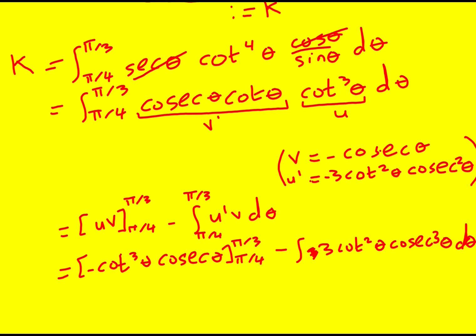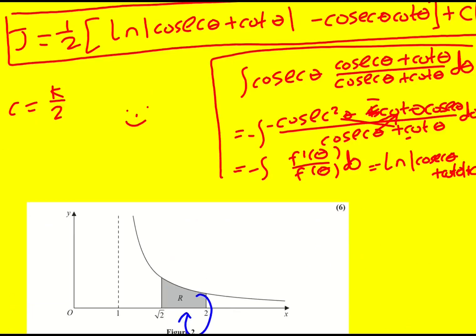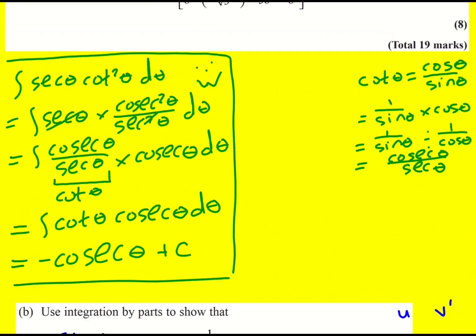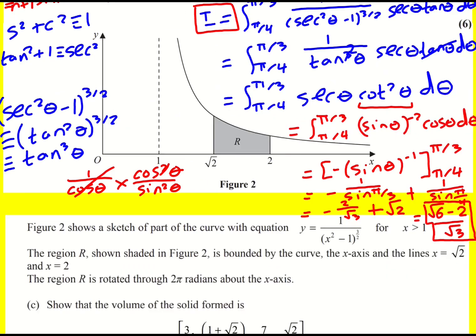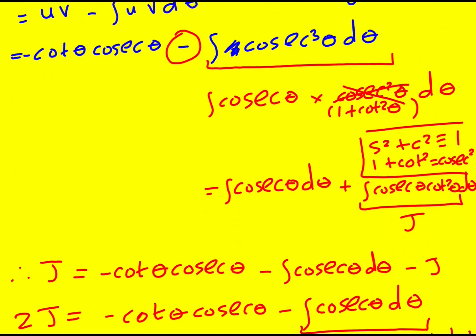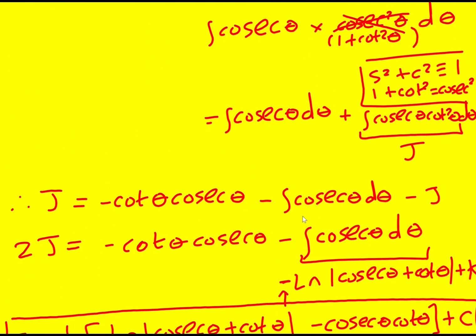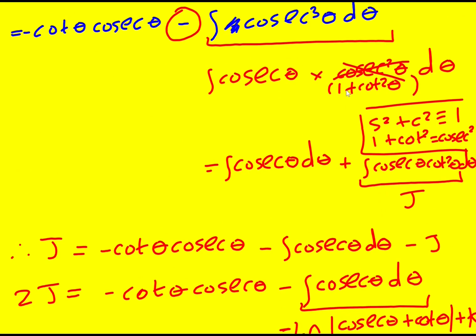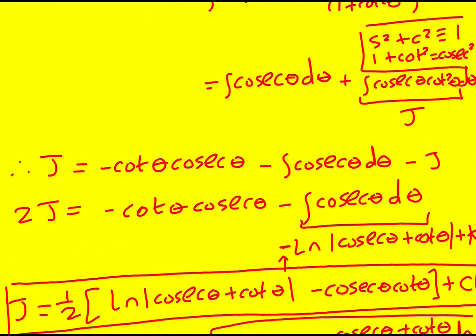Okay, now I'm going to focus on this integral. All right, let's have a think about what to do. So remember previously in part B, I got to a very similar point and I changed cosec squared into 1 plus cot squared.